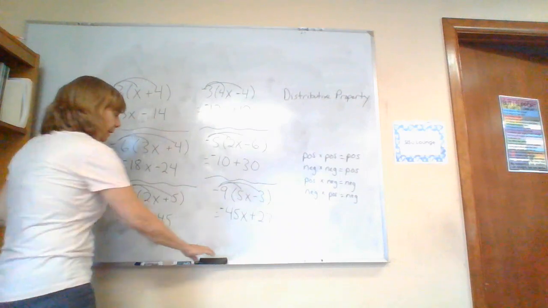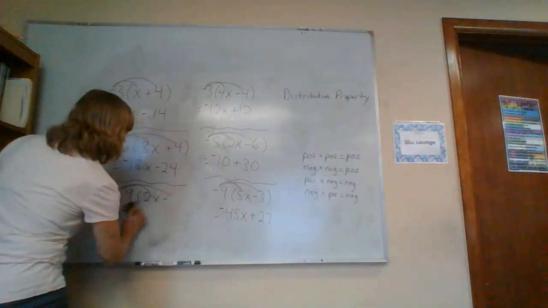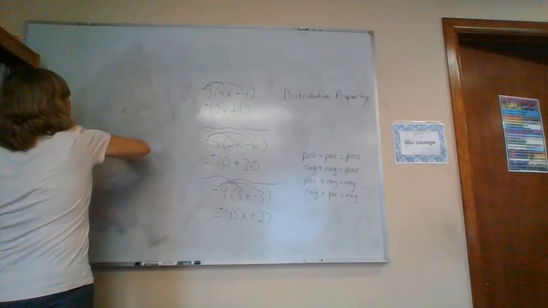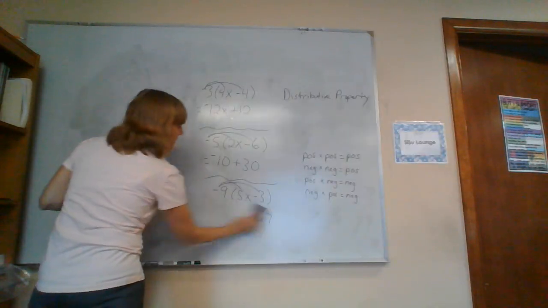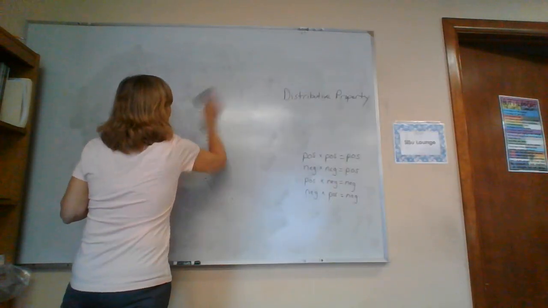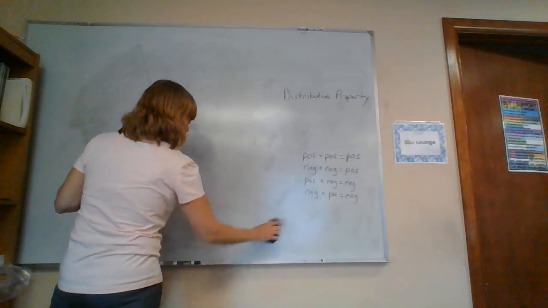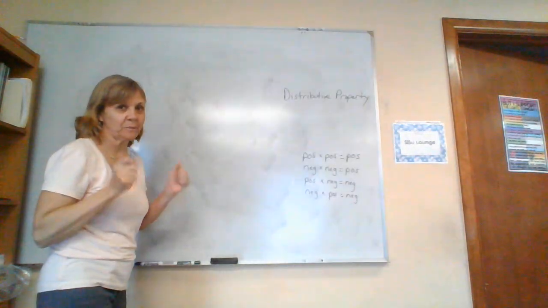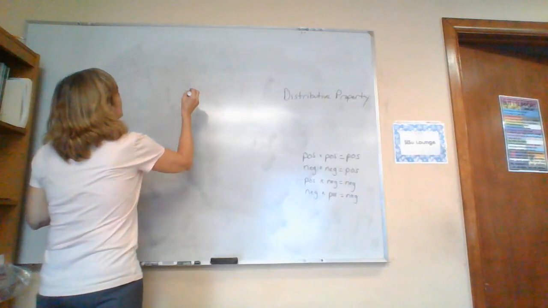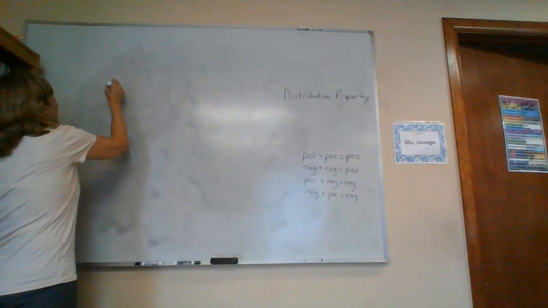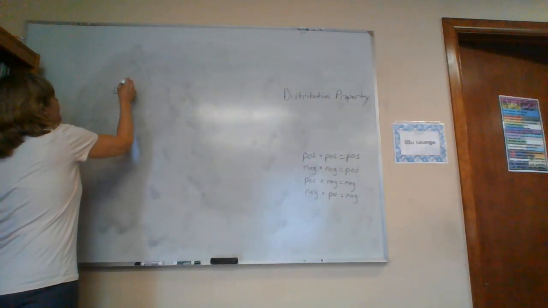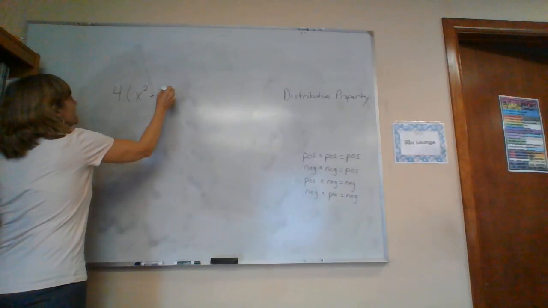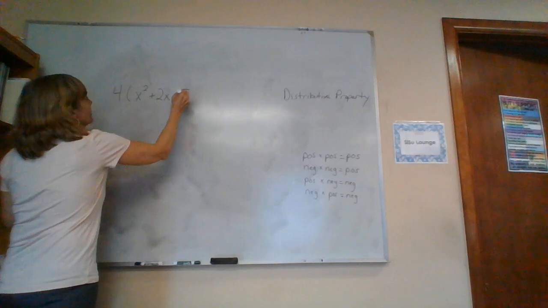If I were to get a little trickier, which is really not even trickier, if I were to just get a little longer, let me show you this, because I don't want you to get to something like this and panic. As I've said before, there's never a reason to panic in math. We can do this, people. So let's suppose we had 4 times x squared plus 2x plus 5.